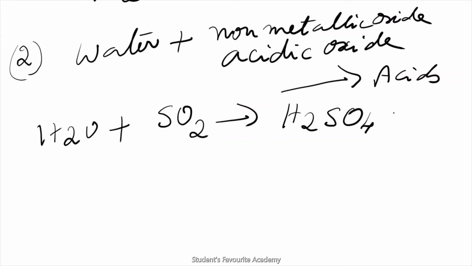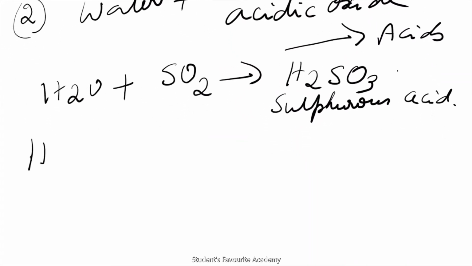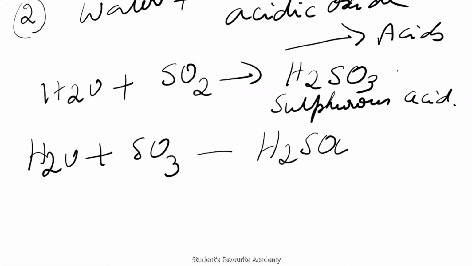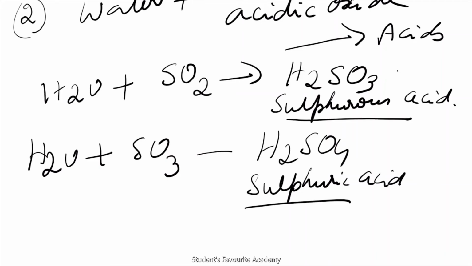Now with sulfur dioxide you get sulfurous acid, that is H2SO3. This is sulfurous acid. And sulfuric acid you get when water and sulfur trioxide, that is SO3 reacts, you get sulfuric acid. Okay, so this is sulfurous acid and this is sulfuric acid.